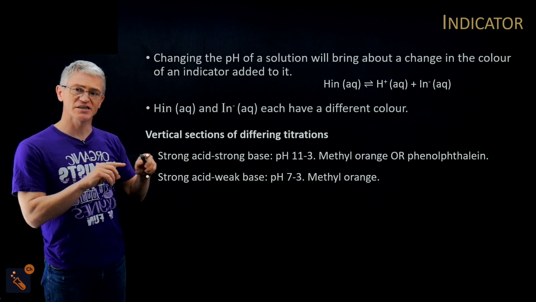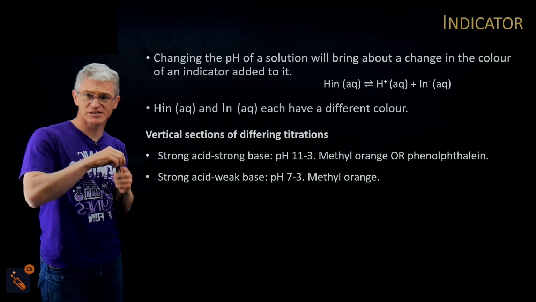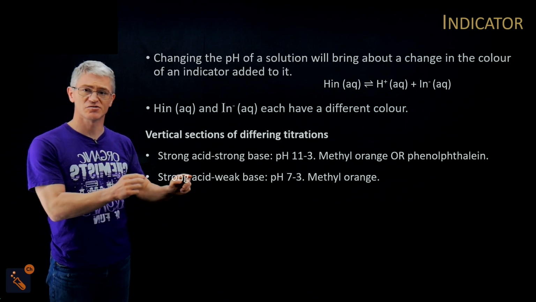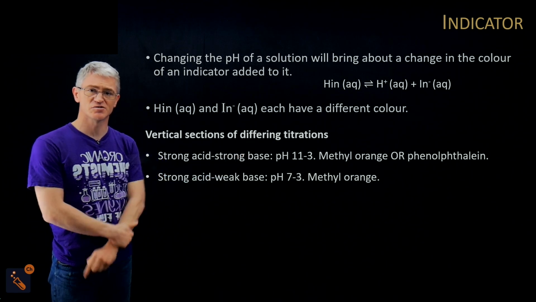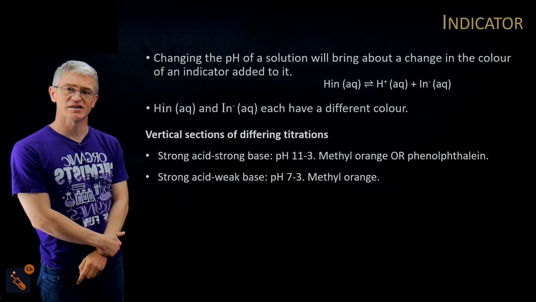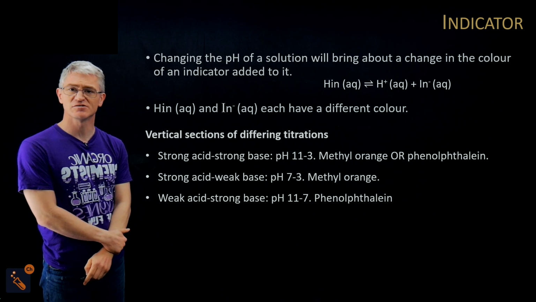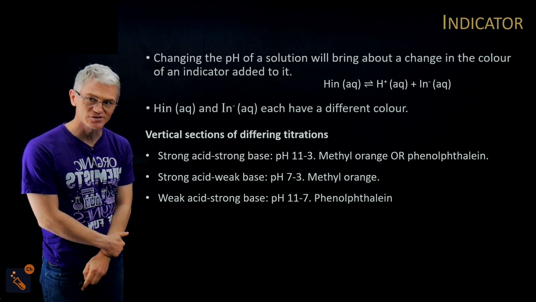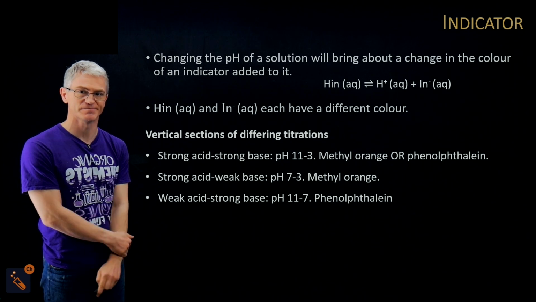So if we look here, strong acid, strong base, pH 11 to 3-ish will be the vertical section. Strong acid, weak base, the vertical section will be 7 to 3. You can use methyl orange or phenolphthalein, we'll explain that in a minute. For strong acid, weak base, you can use methyl orange. For a weak acid, strong base, you tend to use phenolphthalein. Again, I will explain it in individual levels, but you have to remember these three.